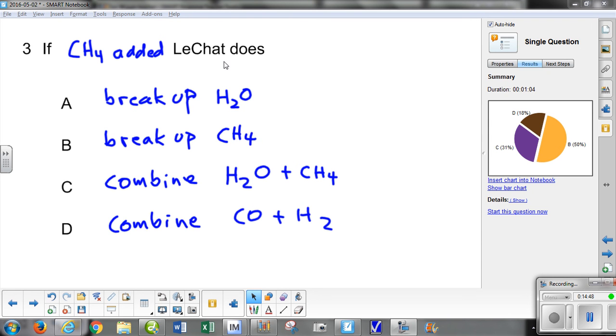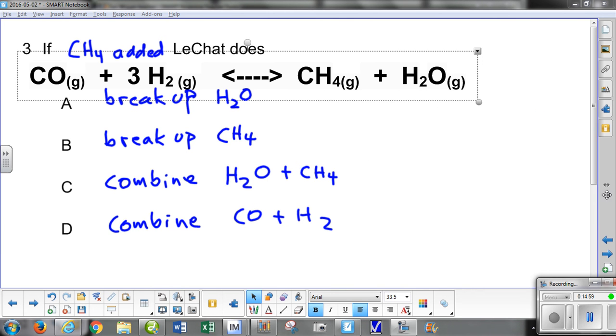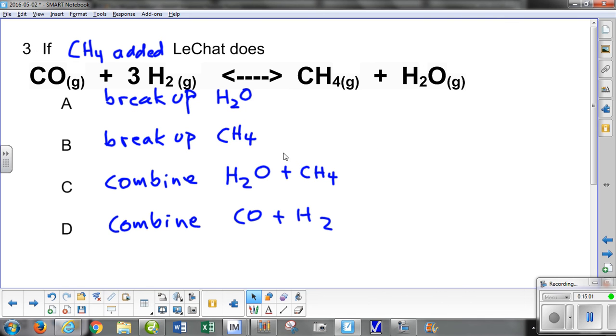And CH4 is on the right side of the equation. I'm sorry, CH4 was on the left side of the equation. So here's the equation again, and now I can speak a little more authoritatively. If we break up CH4, CH4 is over on the right, and that's not really going to do it.